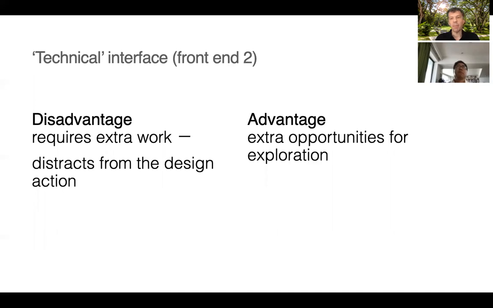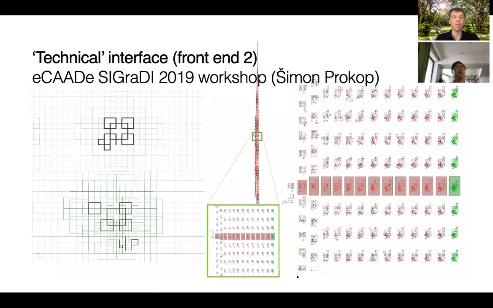And the best example, next, is maybe this one by Simon Prokop from a workshop that was held at the ICADC Gradi conference in 2019, in which he basically explored hundreds of shapes using the plugin as well as other Grasshopper components and plugins. Thank you, Andrew.